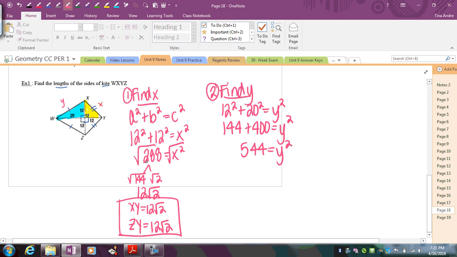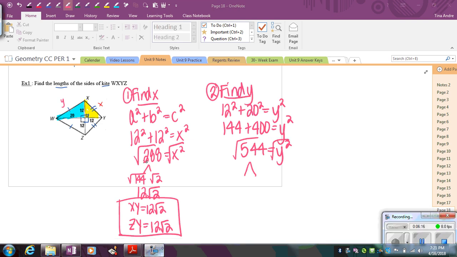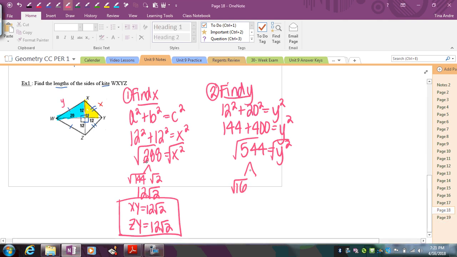Then we're going to look for our biggest perfect square that goes into 544. 16 is the biggest perfect square. 16 times 34 will give me 544. The square root of 16 is 4, so 4 root 34 for Y. That means the other two sides, WX will be 4 root 34, and WZ will also be 4 root 34.